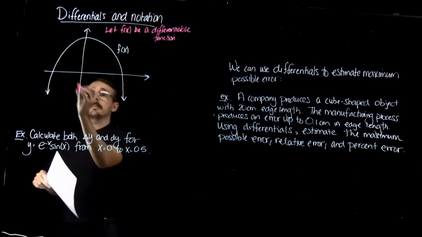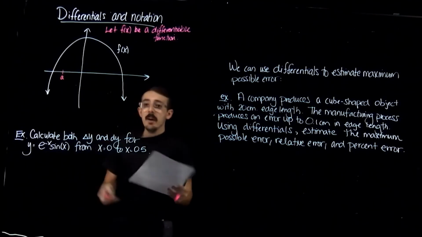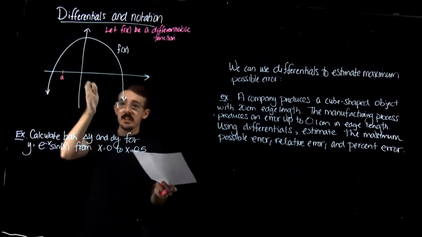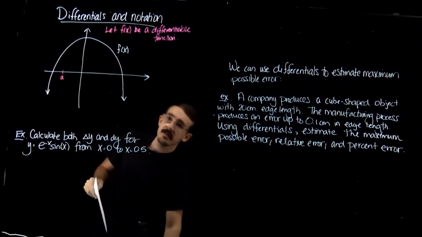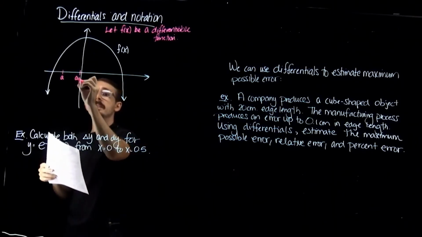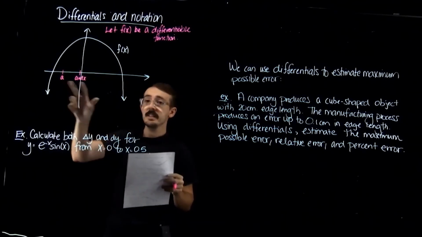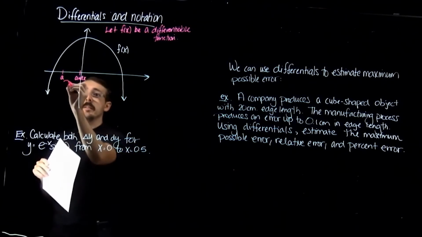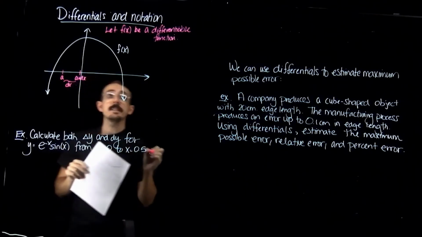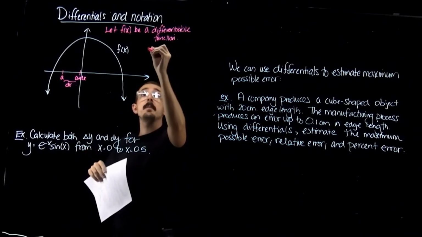I'm going to go back to my notation of saying this is a. But now when I have a change in x, I'm going to notate that differently. So let's go over here. I'm going to say this is a plus dx. This distance from here to here is called dx. That's my first notation, and I'm going to label that a couple different ways.